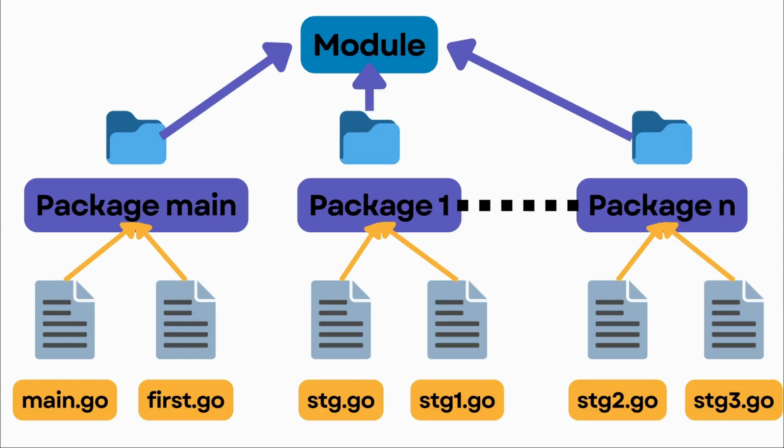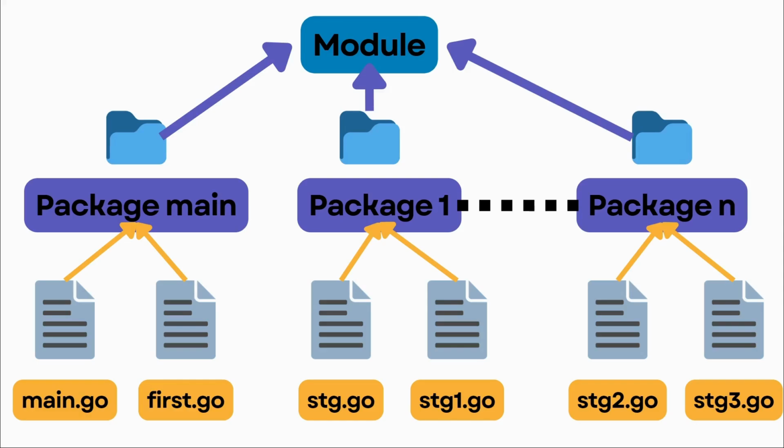That's what you have to understand, and this is a hierarchy where you can see that we have Go files at the bottom. We have main.go, first.go, something.go, and something1.go.